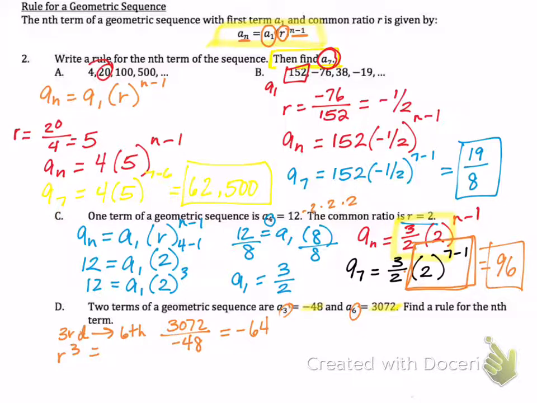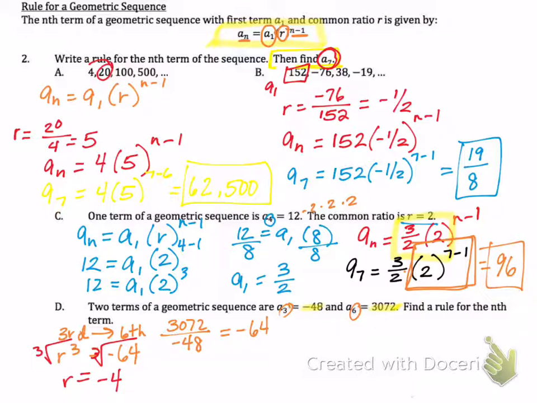So basically, to get from -48 to 3,072, I have to multiply it by negative 64. That's how I get from one to the next, and I'm multiplying it by that R 3 times. So R cubed equals negative 64. If I want to take the cube root, the cube root of negative 64 is what? Negative 4. Good.